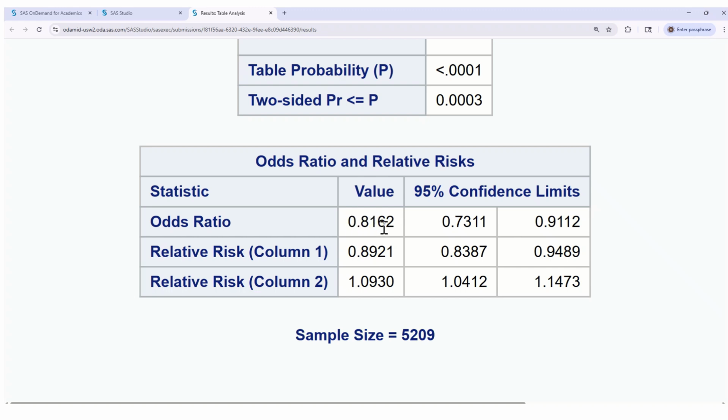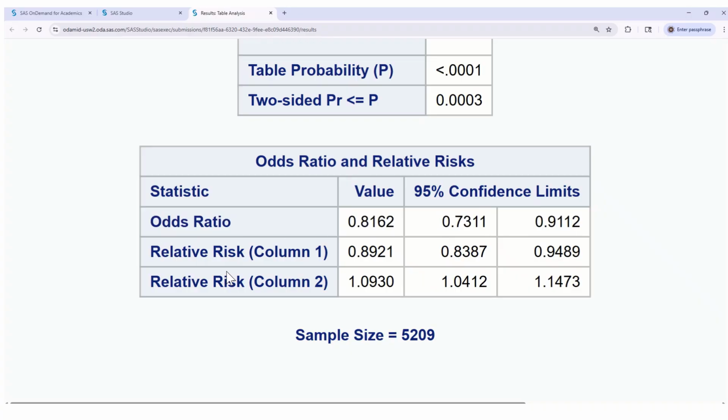That means that the females have 81% of the odds of developing high blood pressure compared to males. And it is also giving us the confidence interval, which is 73% to 91%. So since this confidence limit doesn't include 1, we see that this difference is statistically significant.